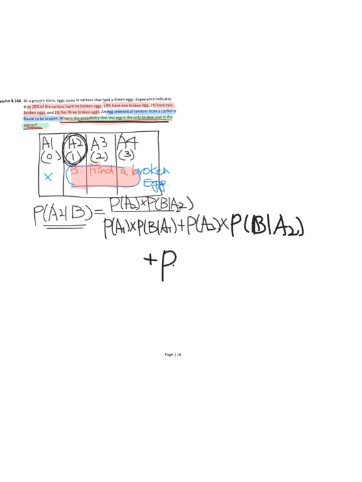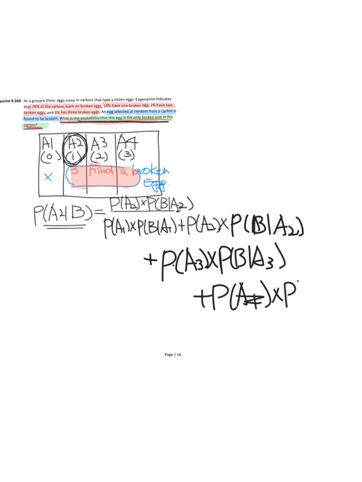And actually we had 4 A's, so we take the sum of 4 multiplications. Next, A3 times the probability of B given A3, and the last one is A4 times the probability of B given A4. Even though it is a small font, you could understand.